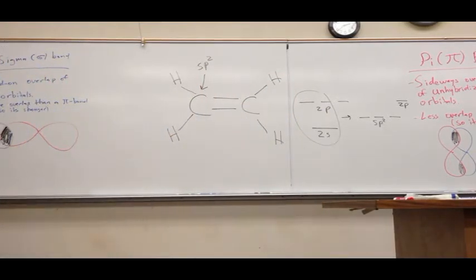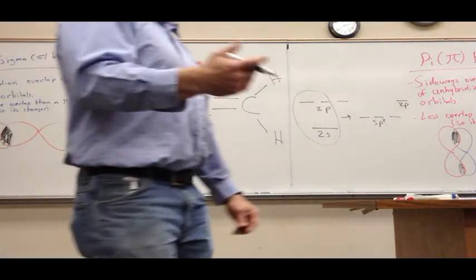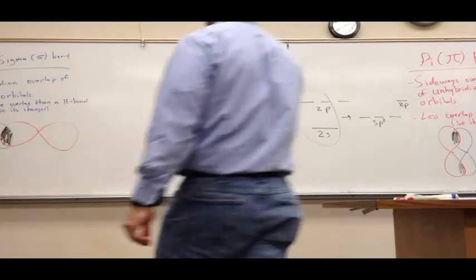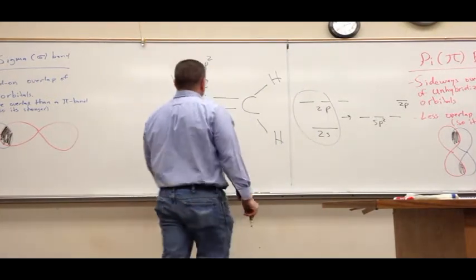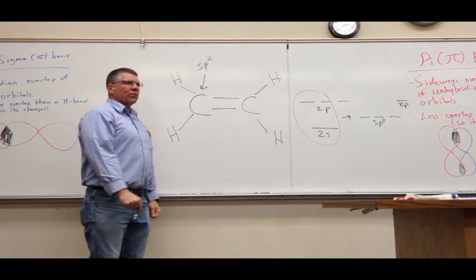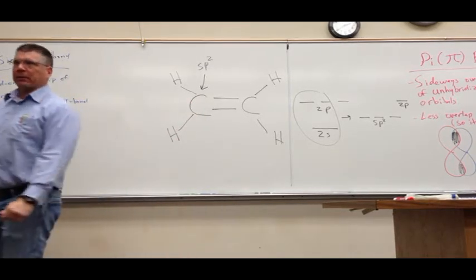You guys following? What that means is whenever we think of an atom as being sp2 hybridized, we think of it as having three equivalent hybridized sp2 orbitals and one unhybridized 2p orbital. What's the molecular geometry about that carbon?